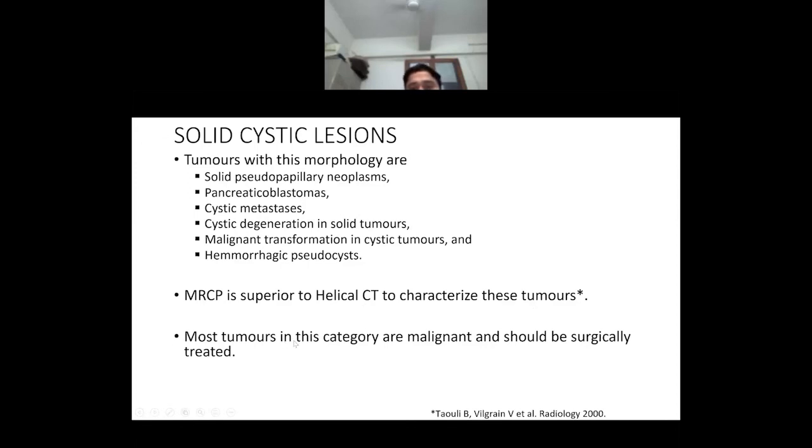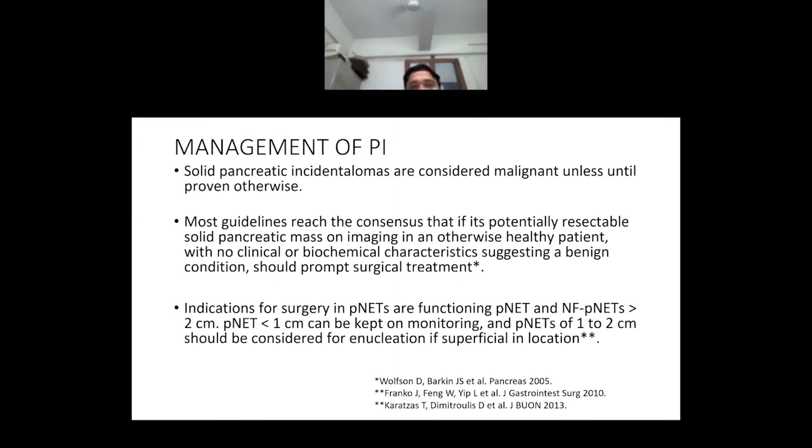Most tumors in this category are malignant and should be surgically treated. Solid pancreatic incidentalomas are considered malignant until proven otherwise. Most guidelines reach the consensus that a potentially resectable solid pancreatic mass on imaging in an otherwise healthy patient with no clinical or biochemical characteristics suggesting a benign condition should prompt surgical treatment.